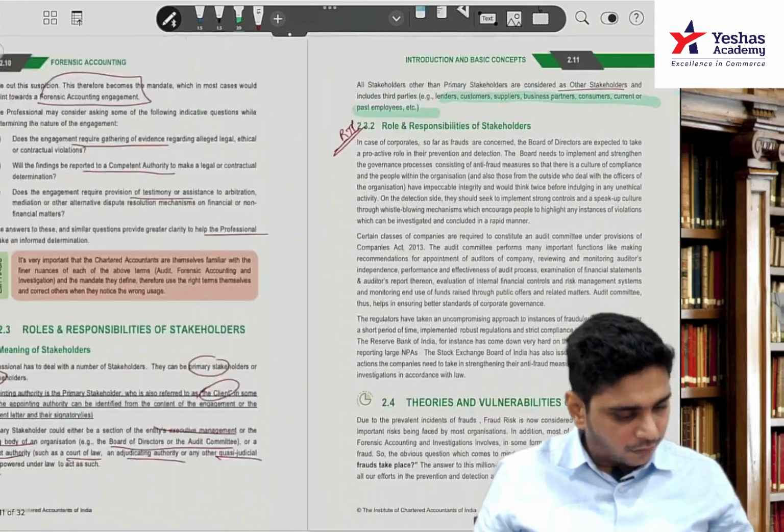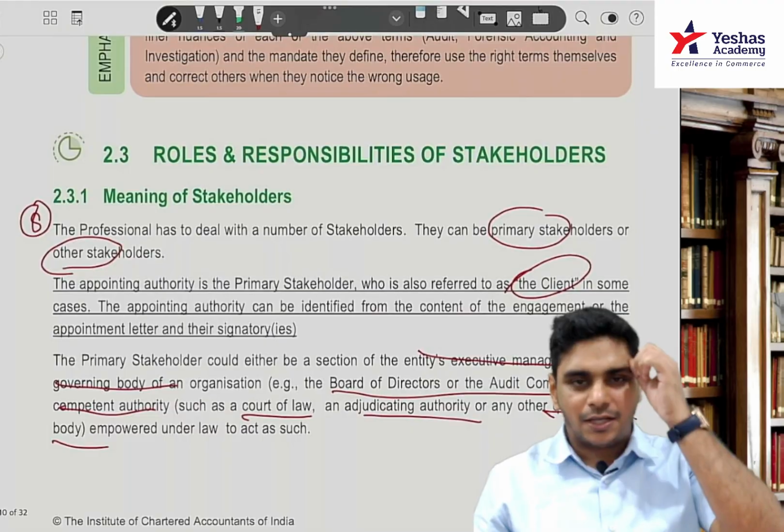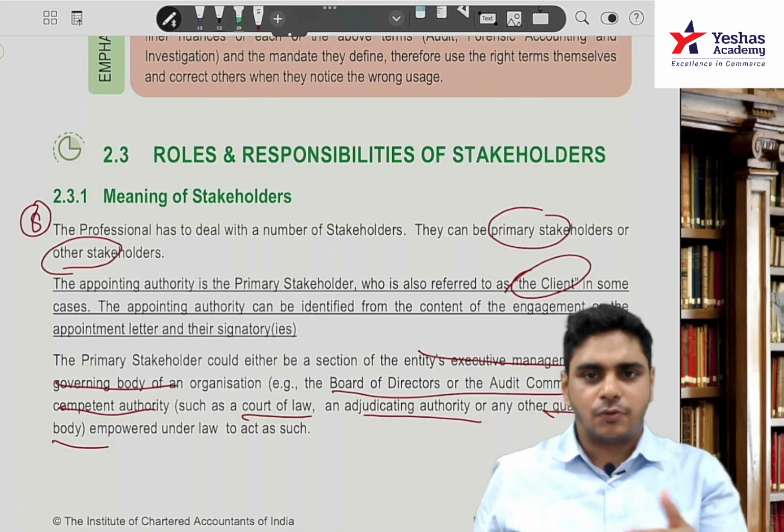Okay. Now read for the first and the last time 2.3.1, that's the meaning of stakeholders and roles and responsibilities. Just read it. The important answer for us is stakeholders, primary and other.